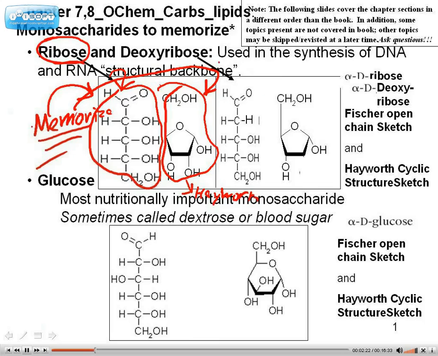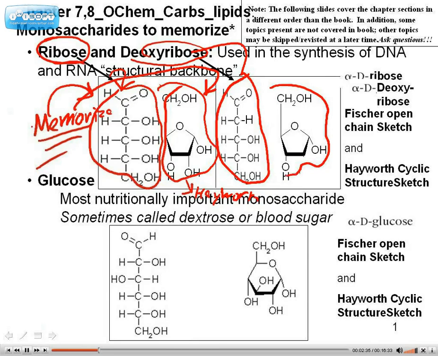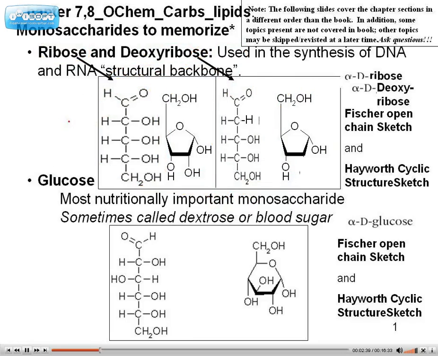If you go over to the other side, we have deoxyribose, and this is the Fischer projection, which I am circling in red, and this is the Haworth structure, also known as the Haworth cyclic structure. As far as testing goes, these are fairly straightforward.